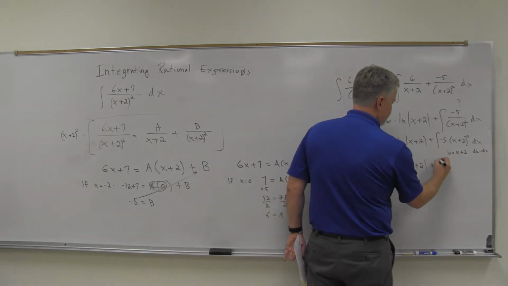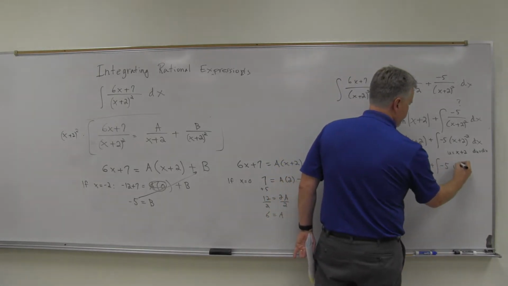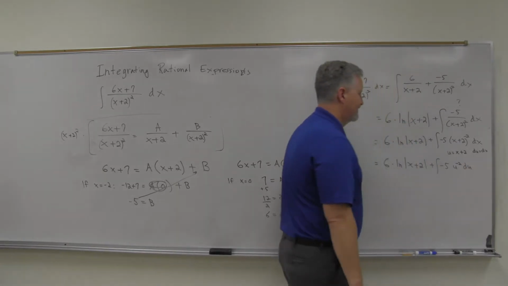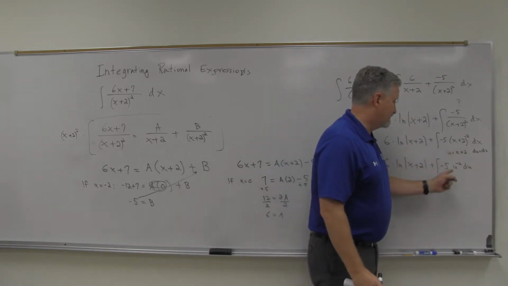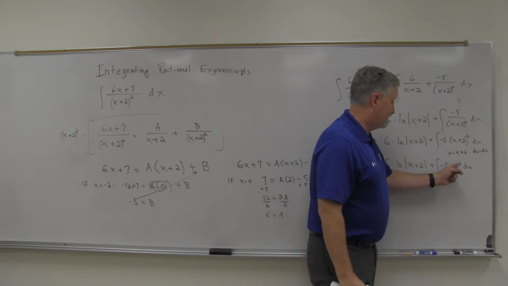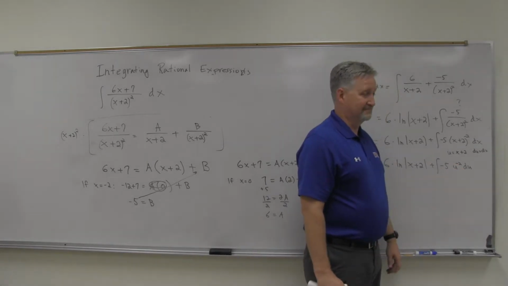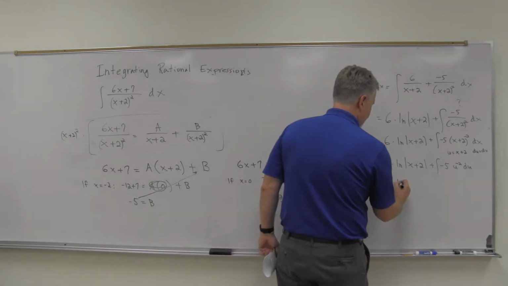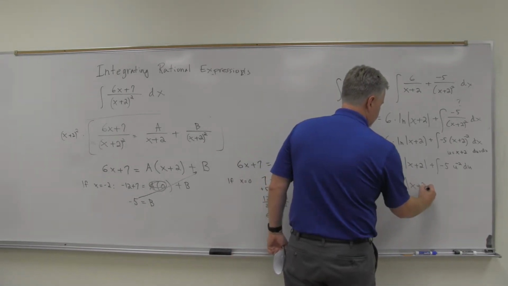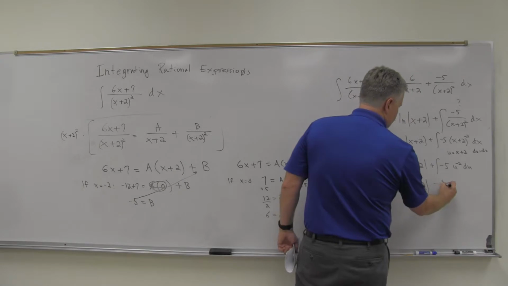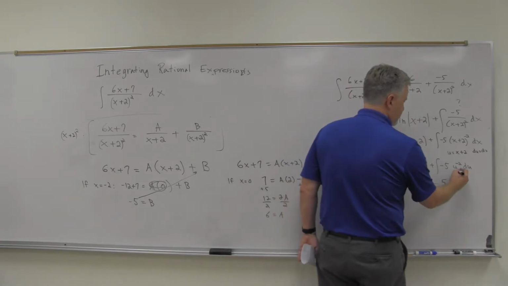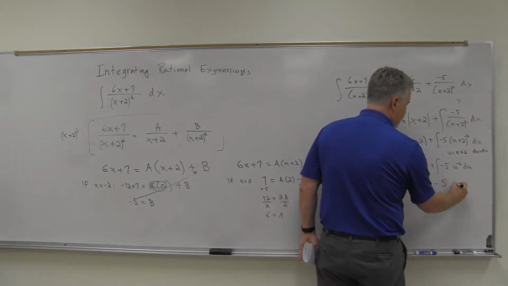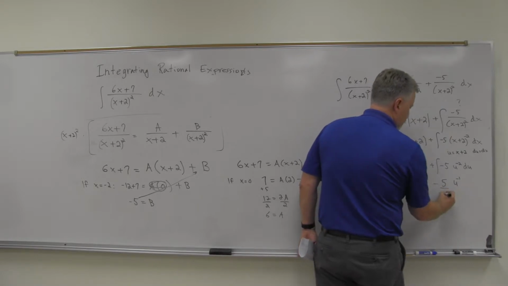If you go all the way through it here, see what I'm saying? If I let u be x plus 2, then it's just negative 5 u to the negative 2 du. That's, like I said, just a simple power rule. It would be minus 5, then u to the negative 1. Just have to divide by negative 1, right?